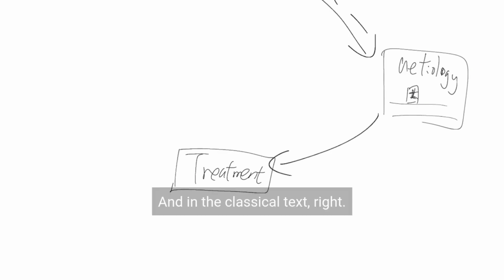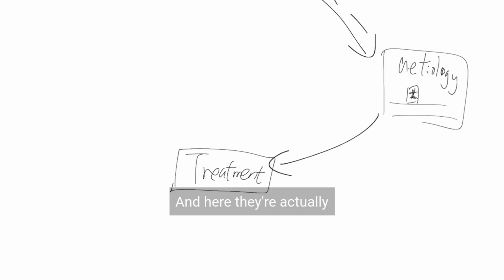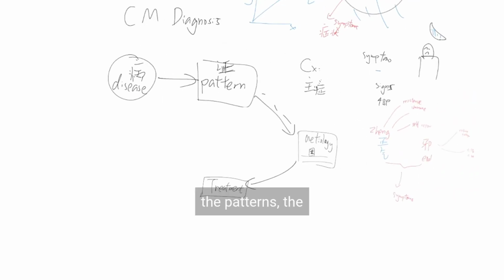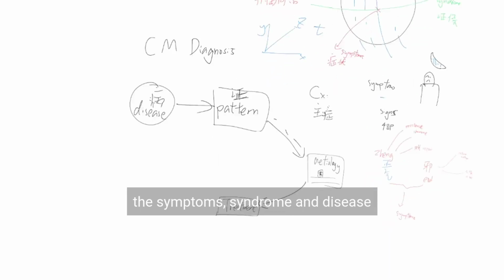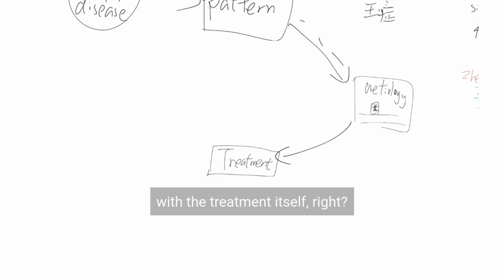And in the classical text, you can already see that they have a treatment itself. Here it's almost like a model, where everything is interlocked: the etiology, the patterns, the process and outcome, zhen qi, evil qi, the symptoms, syndrome, and disease, all interlocked with the treatment itself, right?